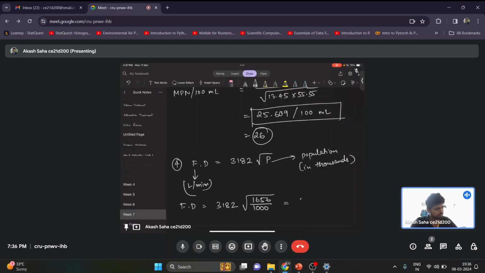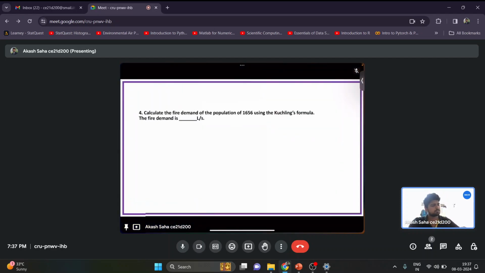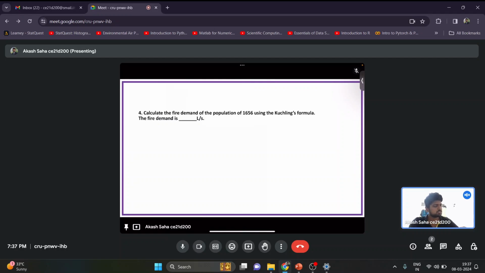So the answer will come out as 14. By the same formula, the demand in liter per minute is given as 318.